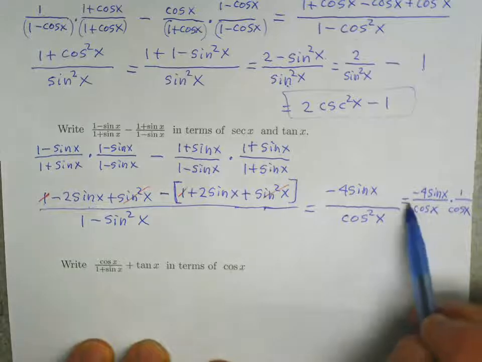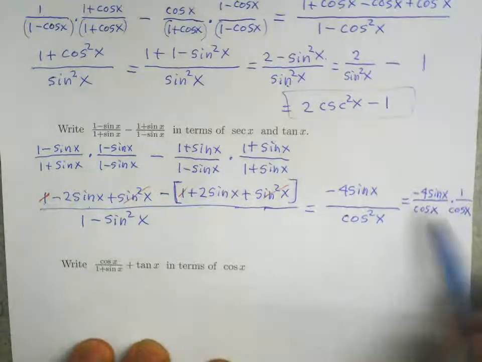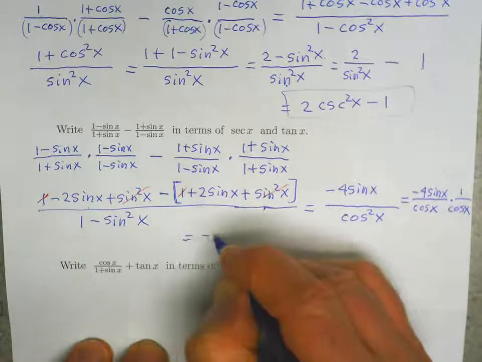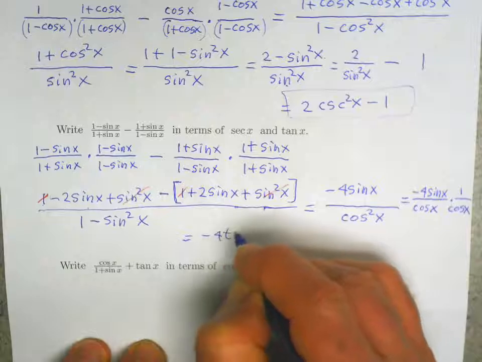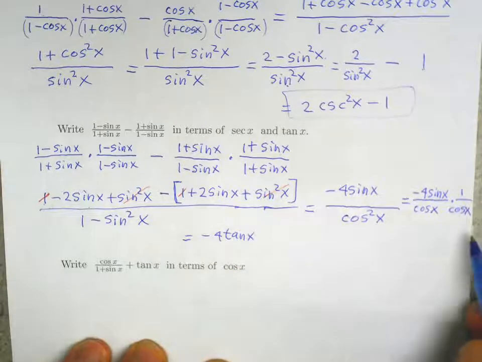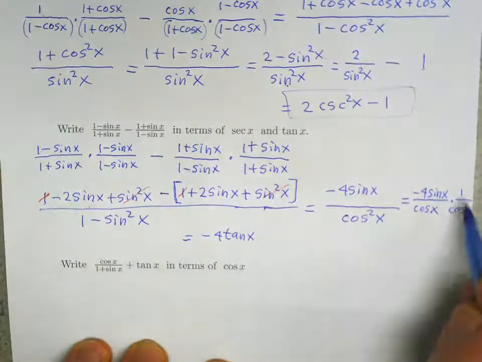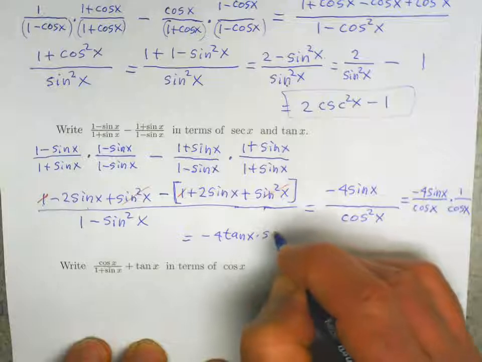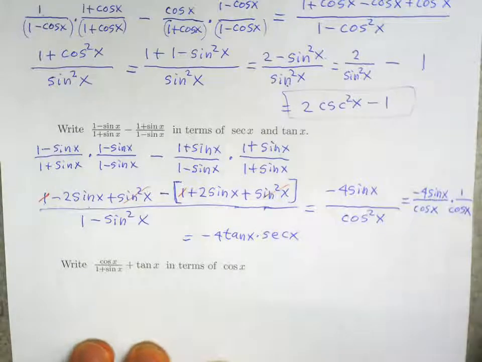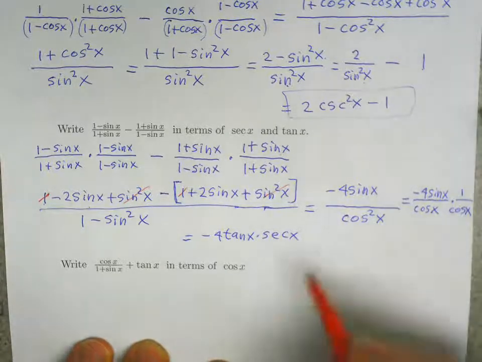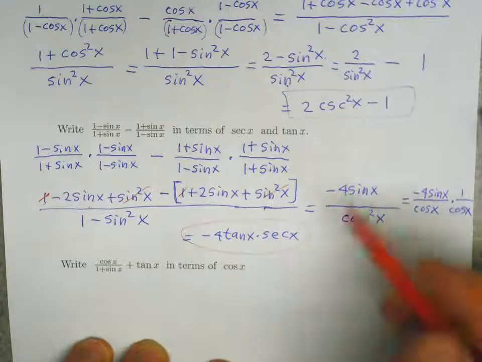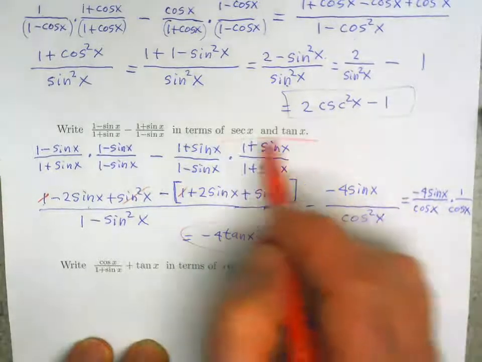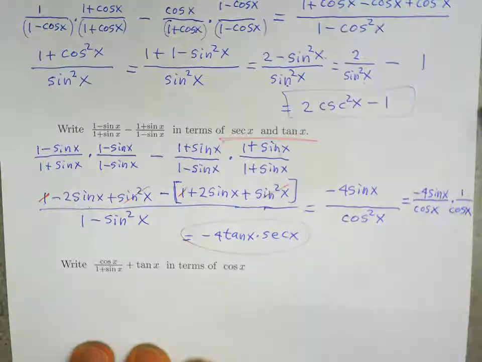Okay, then the negative 4 sine of x over cosine of x, that's negative 4 tangent of x. And then if I multiply by 1 over cosine of x, that's equivalent to multiplying by secant of x. Okay, so this is the final result. It's written in terms of secant of x and tangent of x.